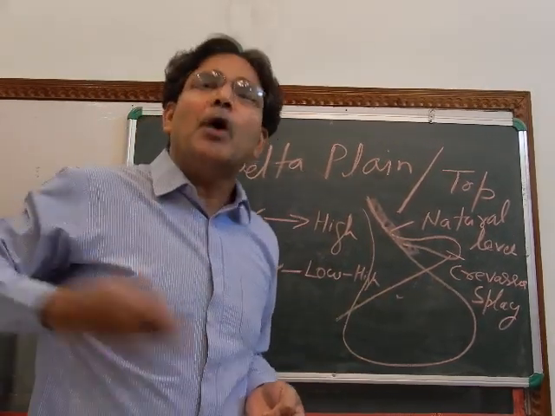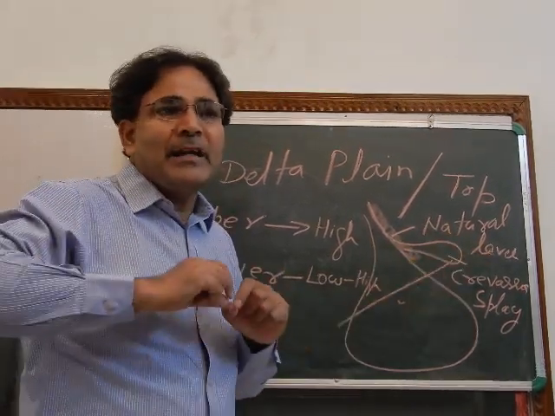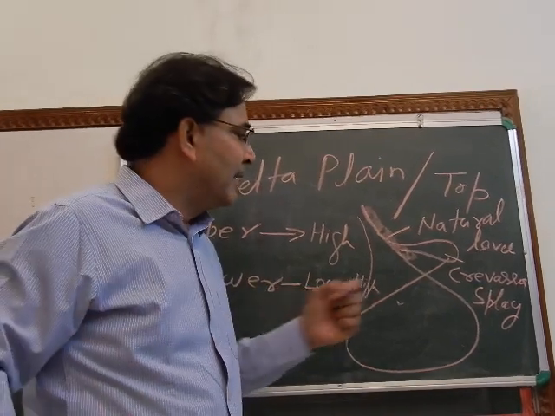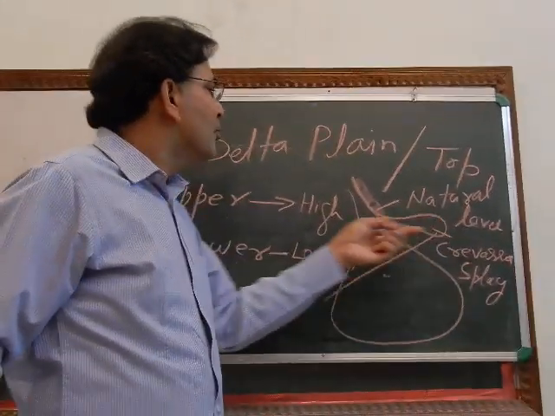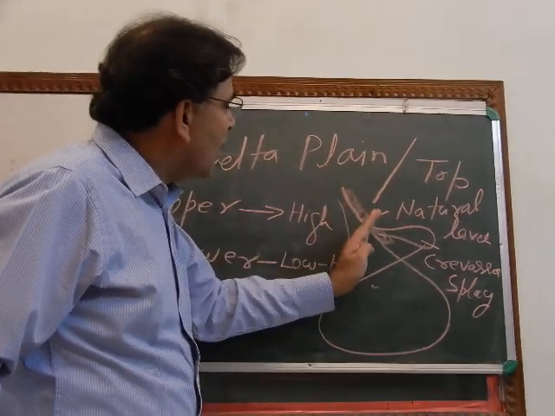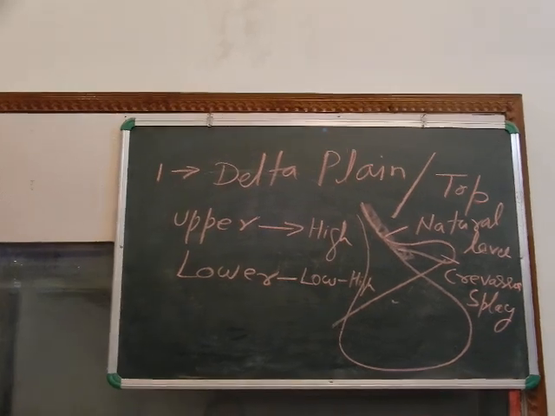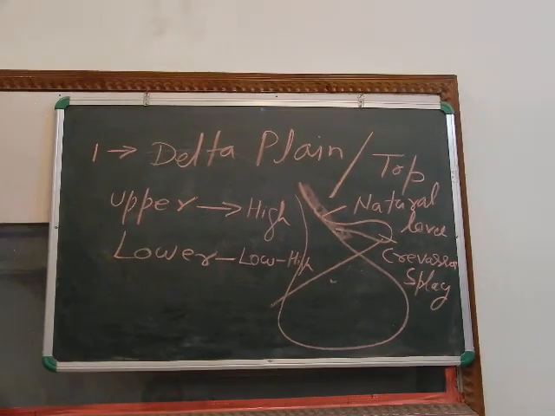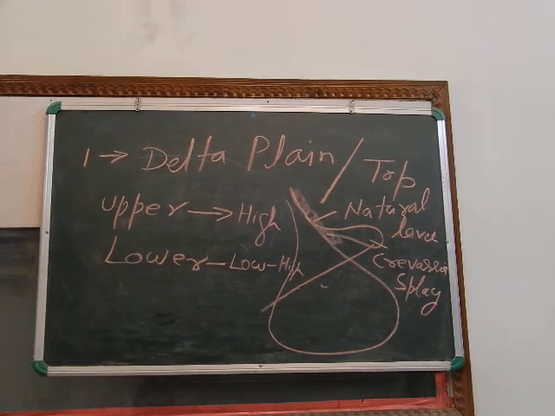When the river overtops its bank, it forms the natural levee, and if the natural levee is breached, then crevasse splays are formed. We will discuss this in the fluvial system. So the delta top is basically characterized by the fluvial system, which shows the natural levee system as well as the crevasse splay system.